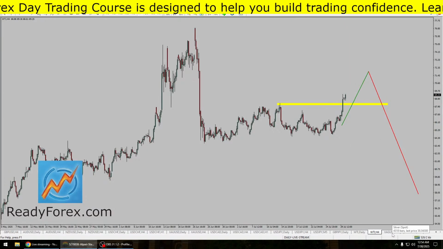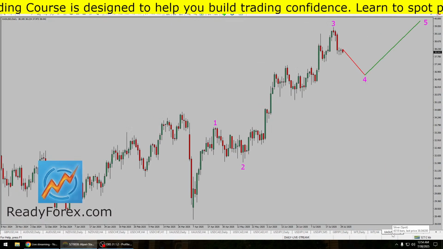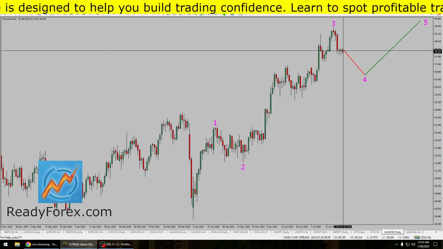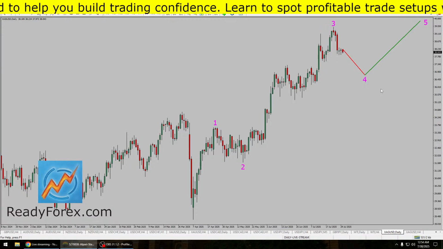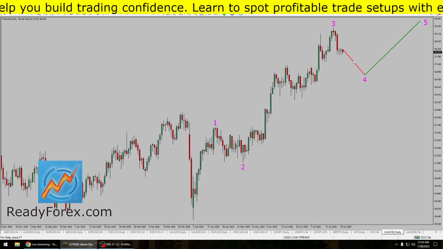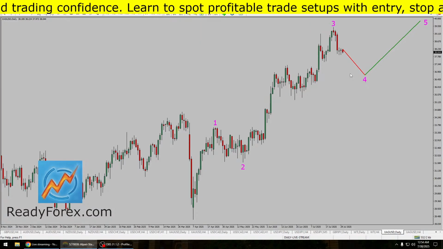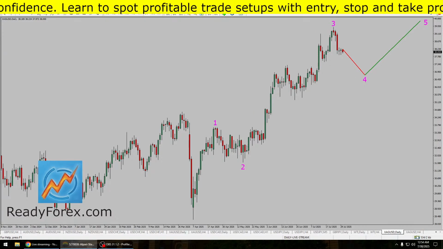Next, let us take a look at the XAG USD pair, the spot silver. Silver is most likely going to move sideways and then expect a bearish leg, wave 4. I've already uploaded a detailed Elliott wave count video on my YouTube channel related to spot silver USD.